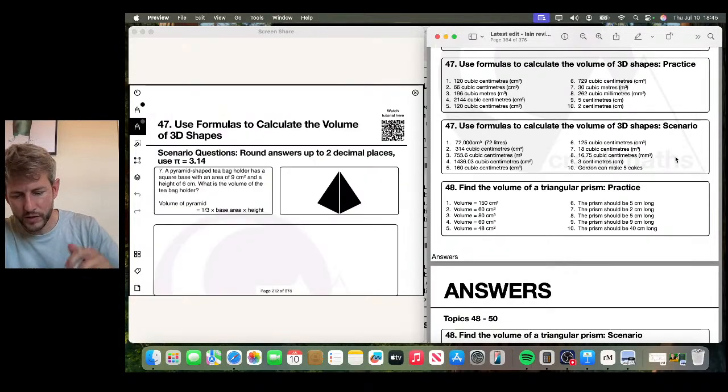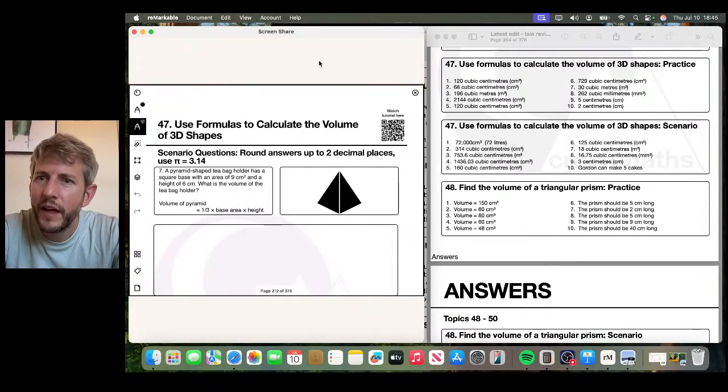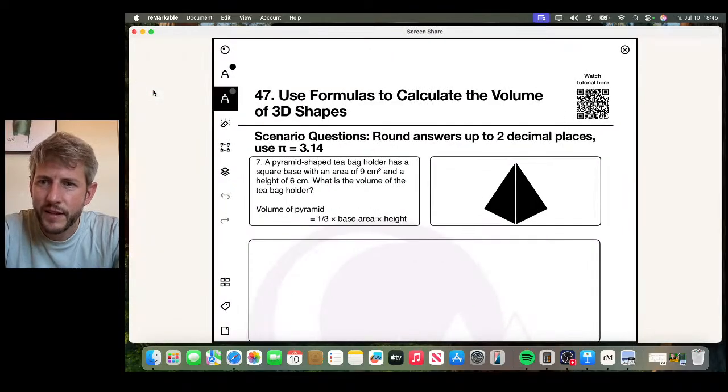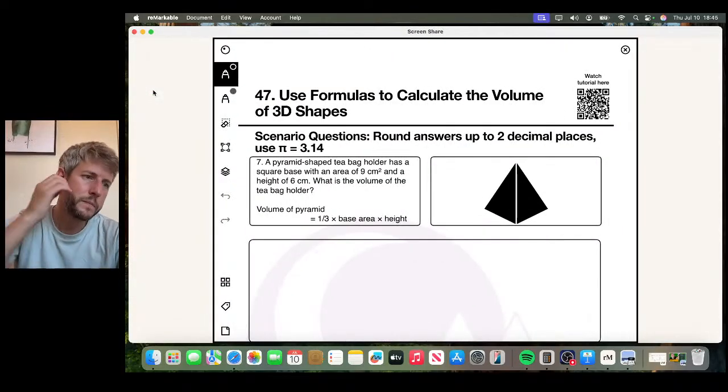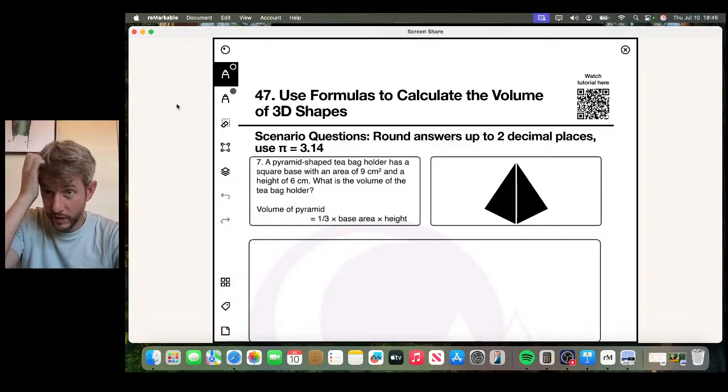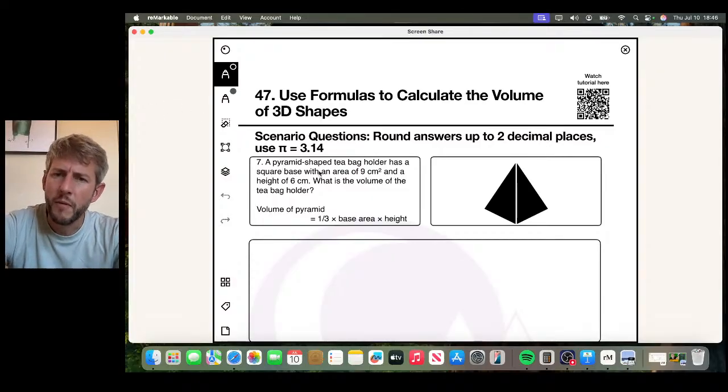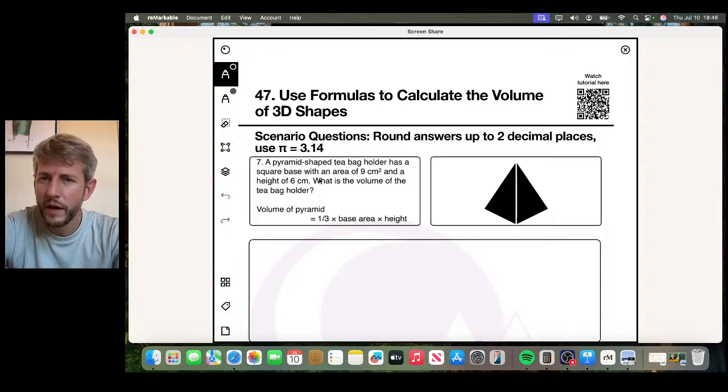Okay, let's move on to question 7. A pyramid-shaped tea bag holder has a square base with an area of 9 centimeters squared and a height of 6 centimeters.